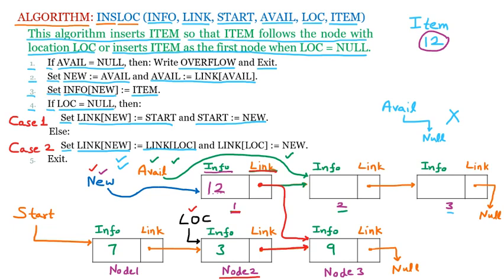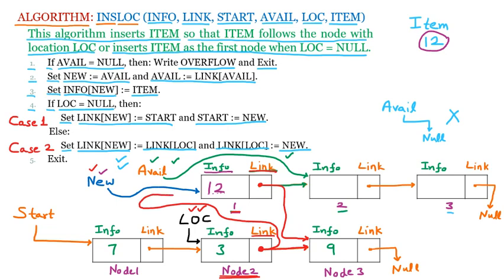Afterward we are having link loc. So now talking about this location, which is pointing to the node 2 and their link part, that means this one we are talking about now, that is equal to new. So this is pointing to new now. So now this one is going to the new, and where the new is pointing?